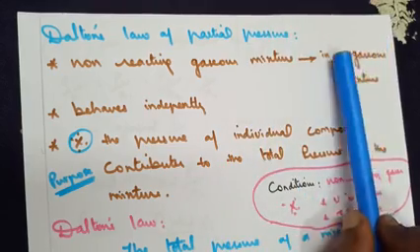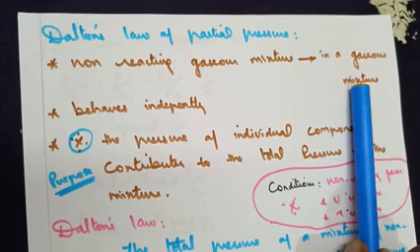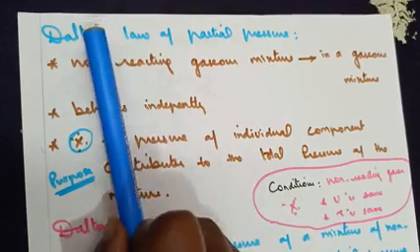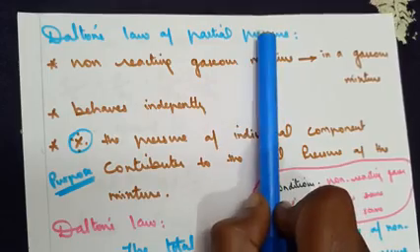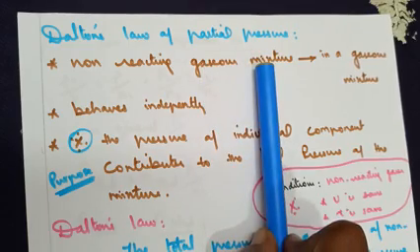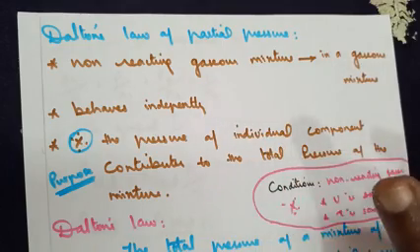Further, when we consider any gaseous mixture, there can be some molecules which do not participate in the reaction. So Dalton's law of partial pressure depends on the non-reacting gaseous mixture. I hope you are understanding the point. In a gaseous mixture, there are different types of molecules.